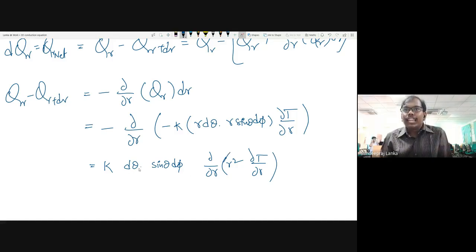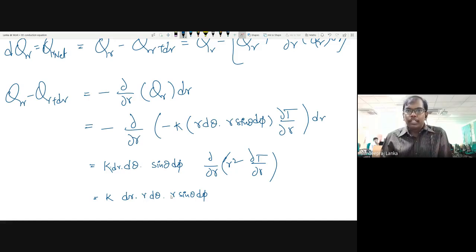And then here I want to make this. I have missed this dr. This dr should be here, because in the first place dr should come to consider the volume. Now the equation is perfect. So K into dr, and here I want to multiply by r so that I can get the volume, and then r into sine theta into d phi.